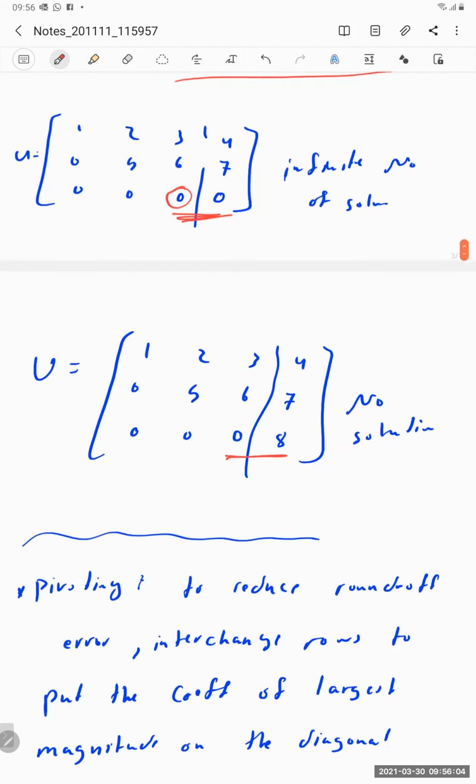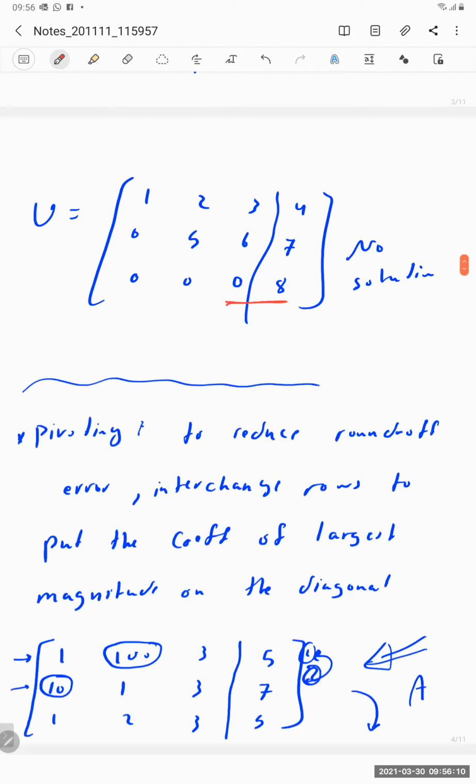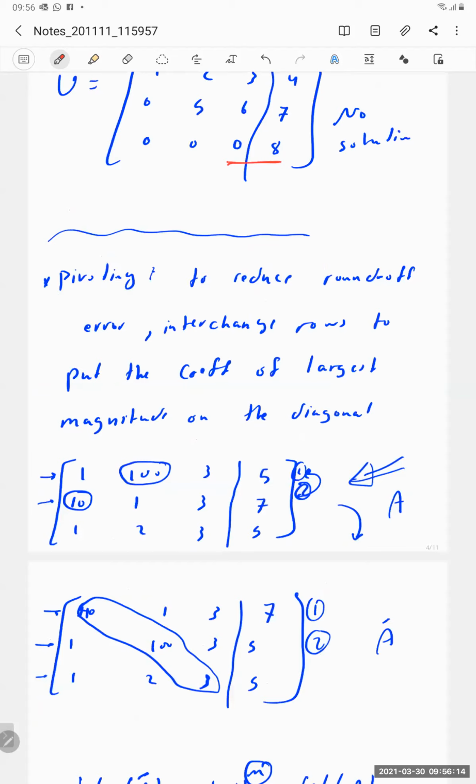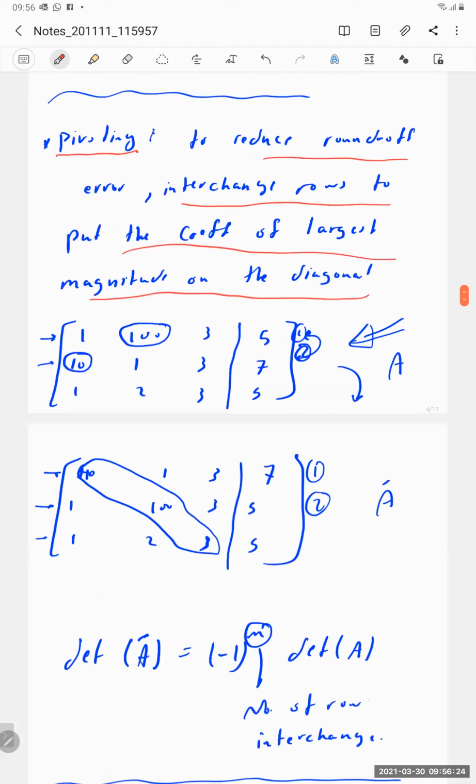في شوية techniques برضو بدنا نتعلمهم. موضوع pivoting which is used to reduce the round off error, which is we're going to interchange the rows to put the coefficient of the largest magnitude in the diagonal. يعني مثلا هون ال largest element أو largest number بالمين موجود عندك as a second element، بهذا الرو largest element موجود as a first element.